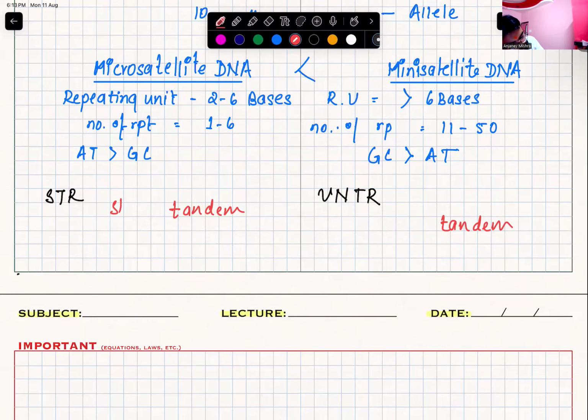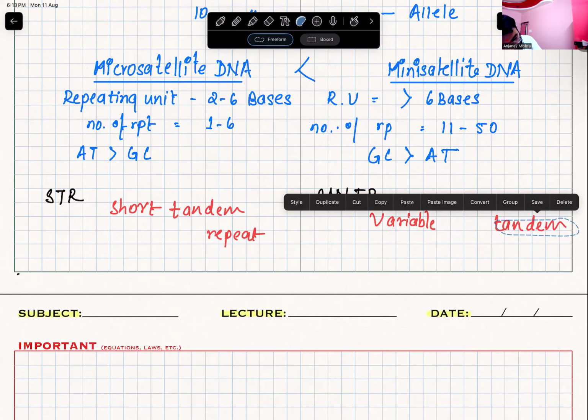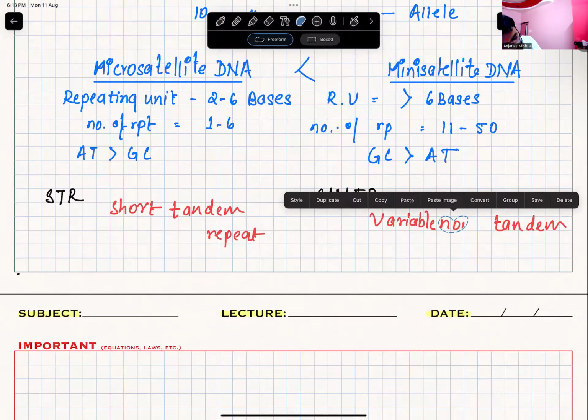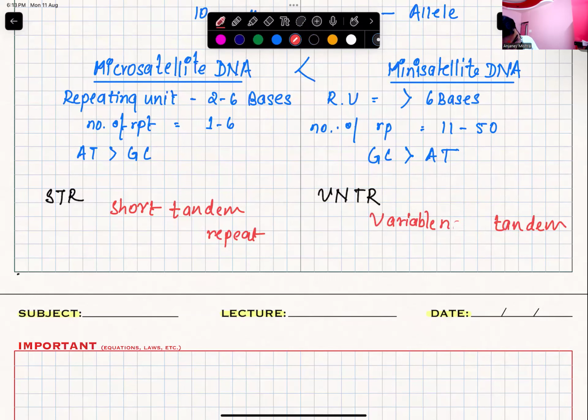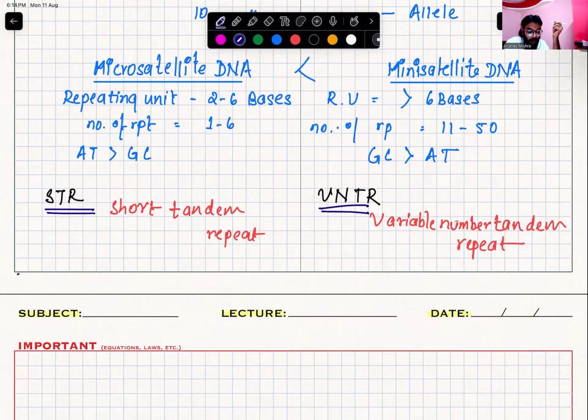Now there is short tandem repeat, STR, and then there is variable number tandem repeat, VNTR. Are these still under microsatellite and minisatellite? Yes, it is still under microsatellite and minisatellite.